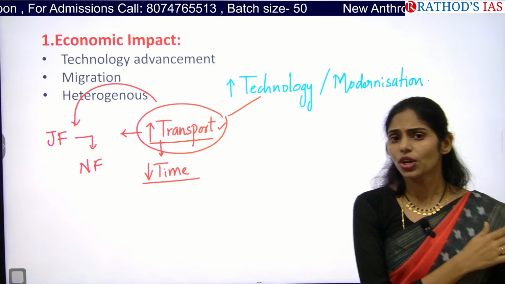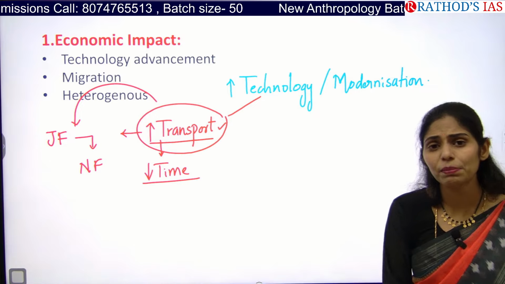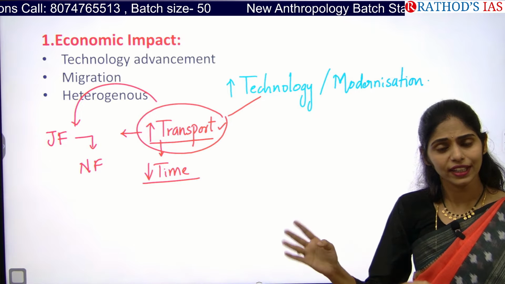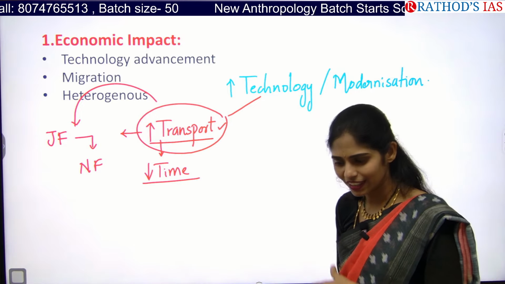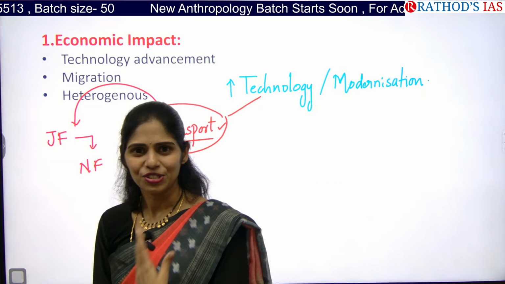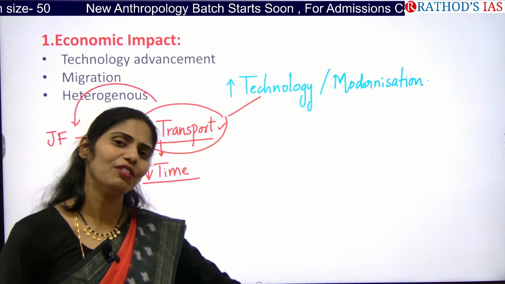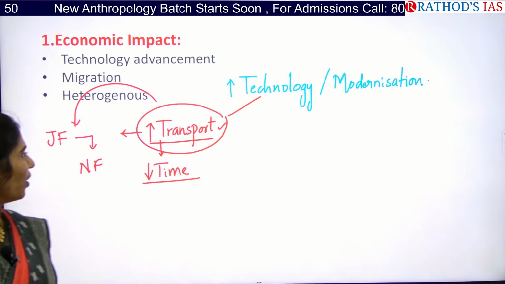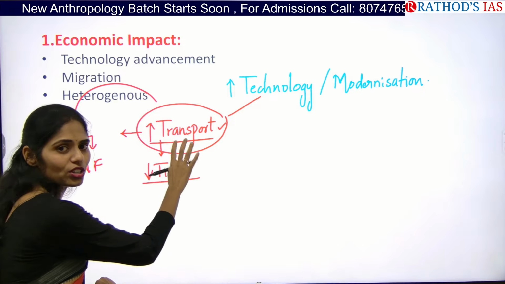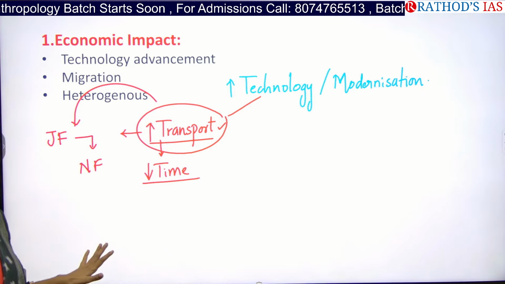At that time, there were no proper transportation facilities. People used to go on foot. If they had to travel from South India to North India on foot, finally, we don't know whether they will return back or not. At that time, we would be saying goodbye. Okay. So first one is because of advancement of transportation facilities, the conversion of joint families into nuclear families is happening.